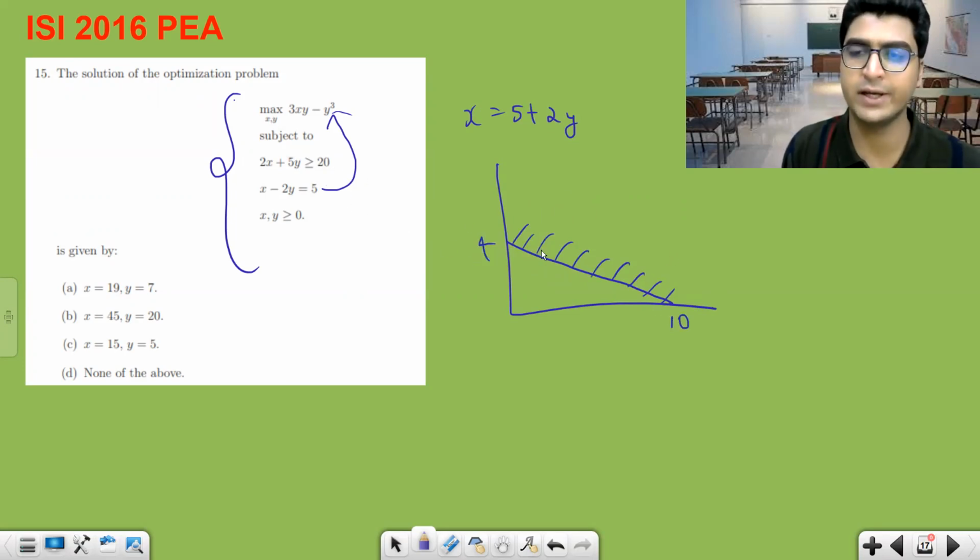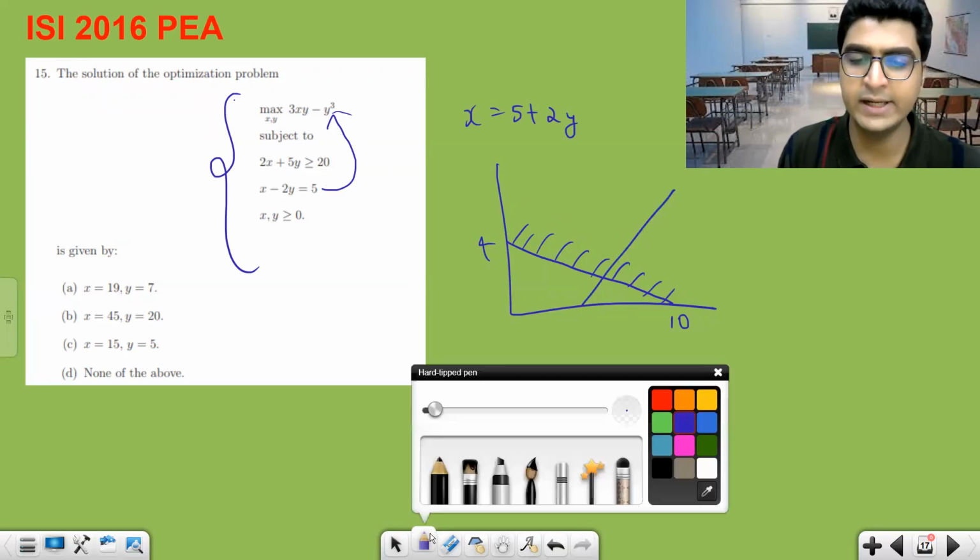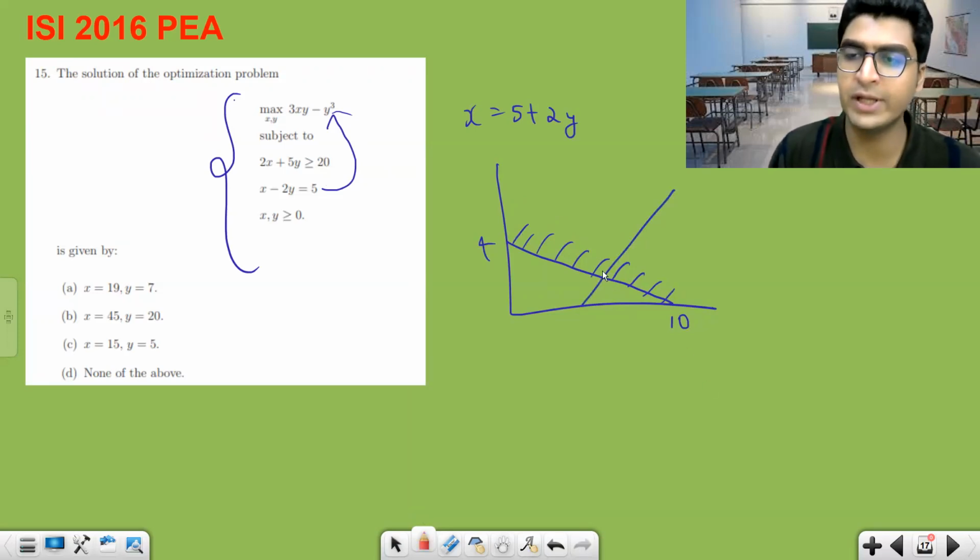So this line is at 2x plus 5y equal to 20, and this shaded part is for more than or equal to 20. And x minus 2y equal to 5 will be something like this. So the solution is guaranteed to be somewhere here.